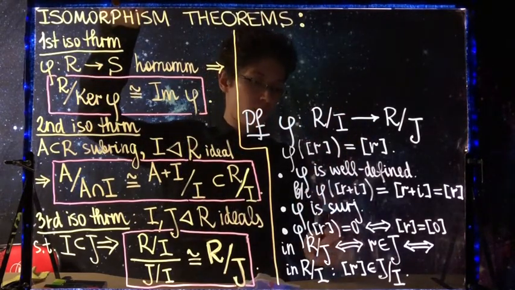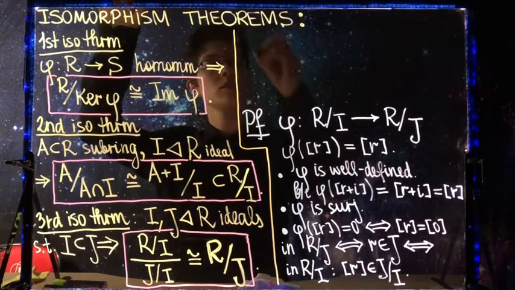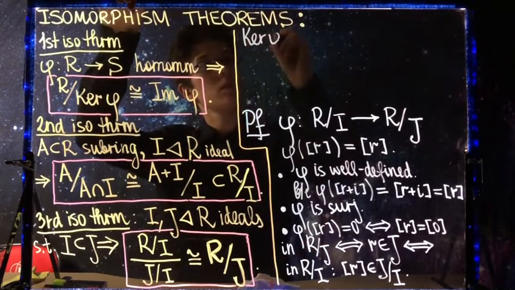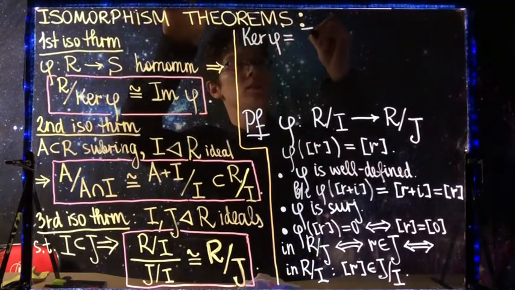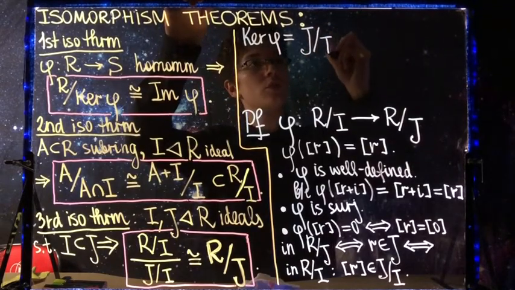Now we know what the kernel of phi is. It consists of all the elements of J mod I.